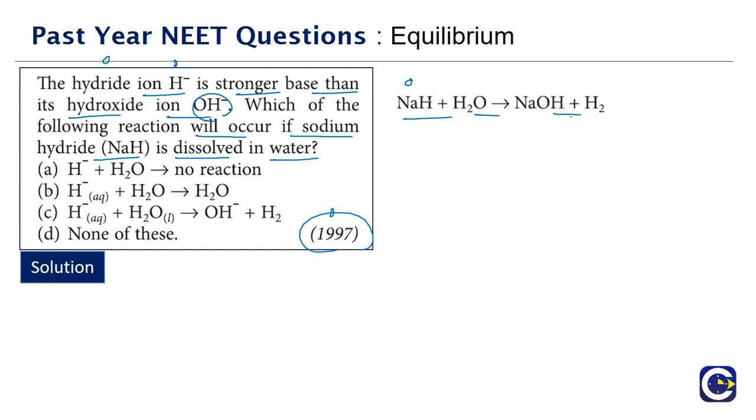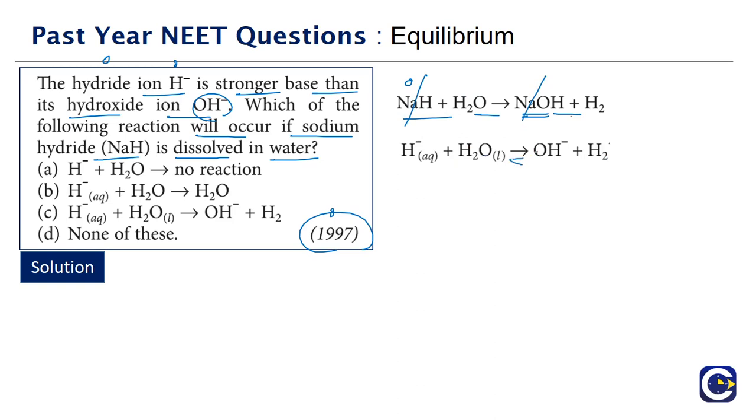So when you see sodium hydride reacting with H2O, it forms sodium hydroxide and H2. If you try to analyze this reaction in terms of the ions, forget about the Na+, then in terms of ions, what will be the reaction we'll have? H- combines with H2O to produce OH- and H2.